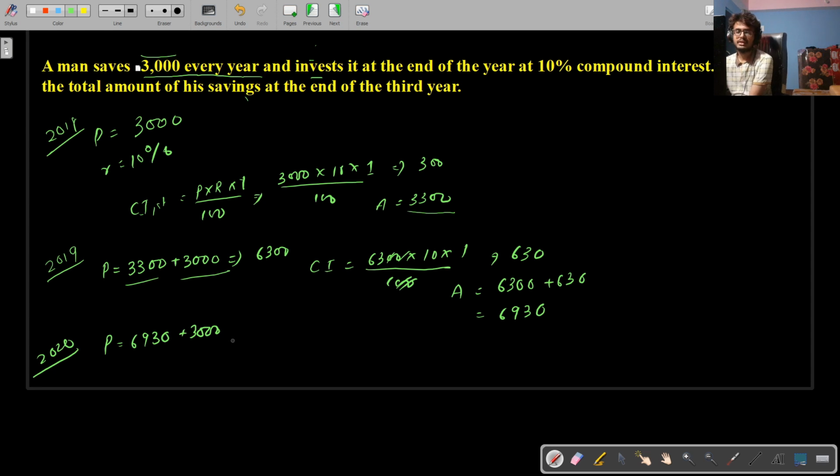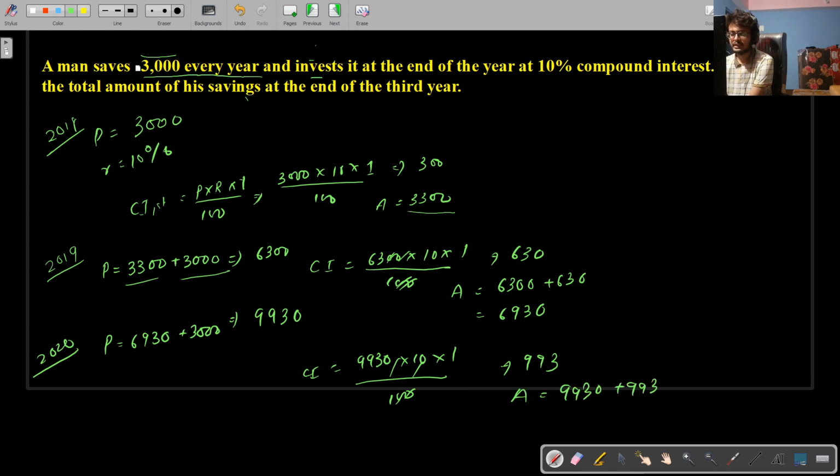So his total money will be 9,930. His compound interest will be 9,930 into 10 into 1 divided by 100. So it becomes 993. So the amount will be 9,930 plus 993.